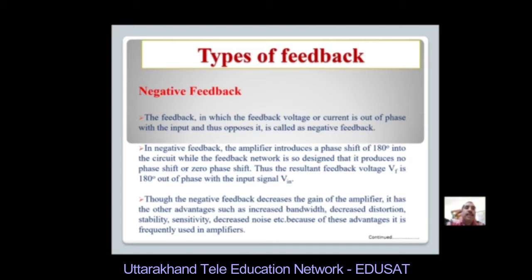In negative feedback, as in positive feedback, the amplifier introduces a phase shift of 180 degree. Now, the feedback network is designed so that it produces zero phase shift. So the resultant feedback voltage is 180 degree out of phase with the input signal.